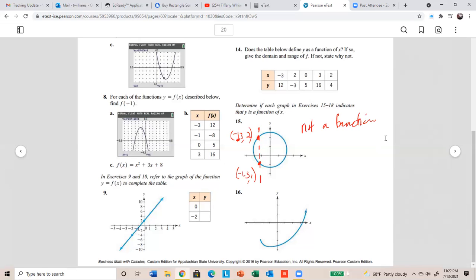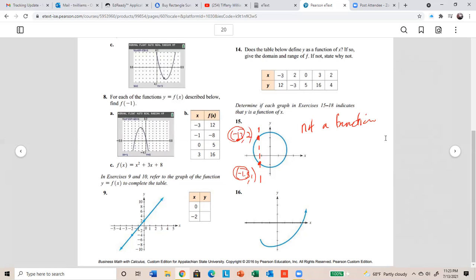Now remember, we said to be a function, your x values cannot repeat. And what do you have repeating here? Well, you've got the same x value. That's why the vertical line test tells you whether something's a function or not. If you cross a graph twice, you've got the same x value, so it's not a function. Really cool how this stuff all works together.